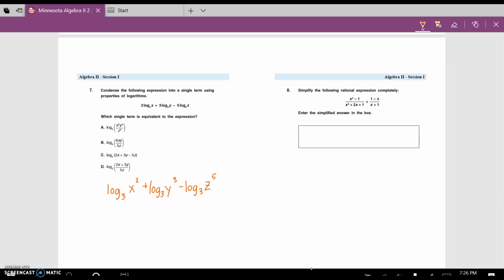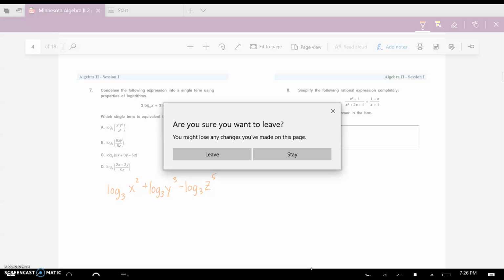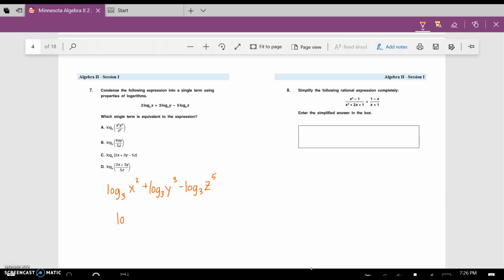Okay, again, properties, when I add, same as whenever we talked about exponential properties, adding always means you multiply. So that means I'm going to say log base 3 of x squared times, which I'm not going to put anything there because if you just put x squared y cubed, that means you're multiplying.